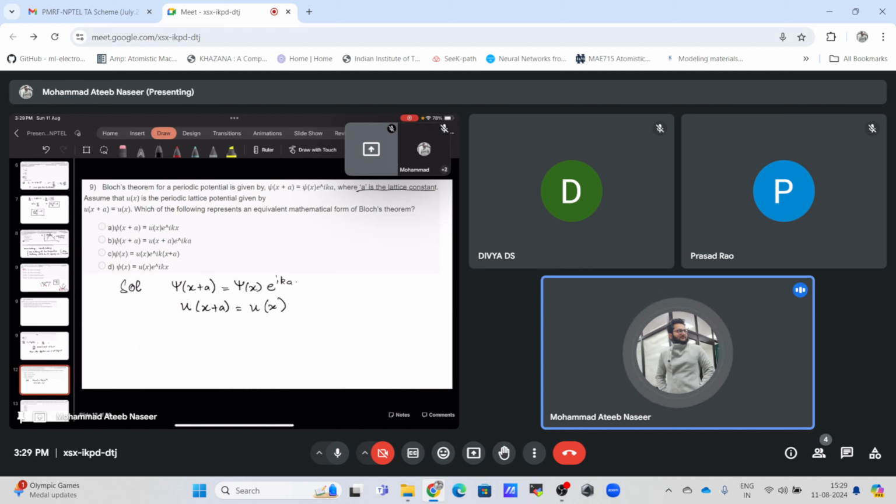It has the periodicity of a, which is the same as the lattice constant. From this, we have to find the alternative representation of this Bloch's theorem.